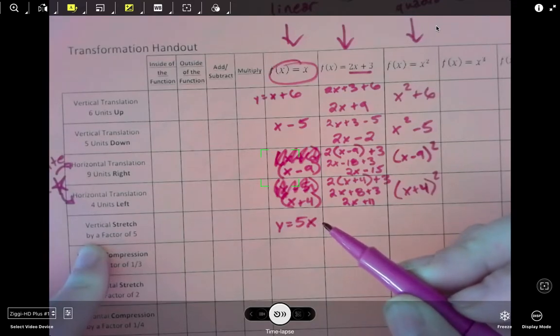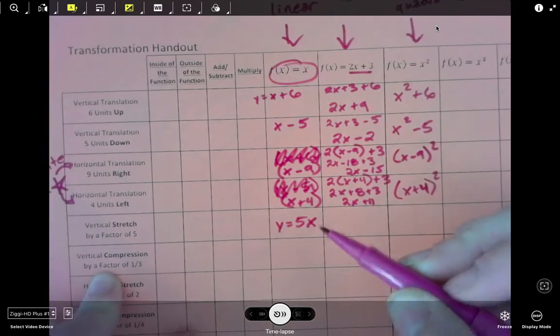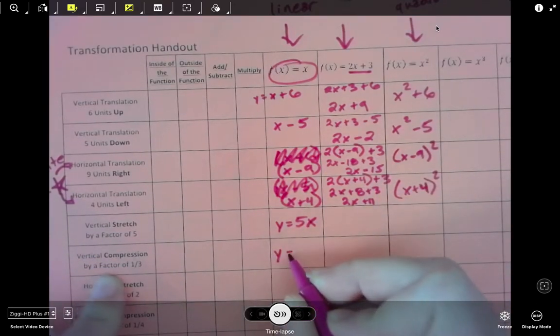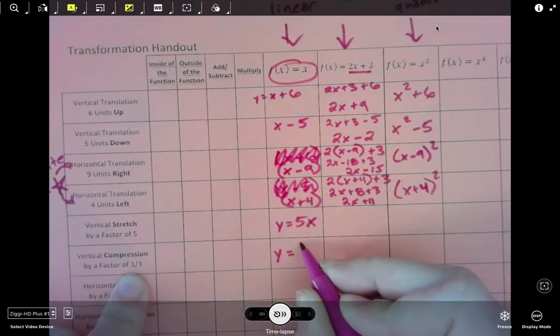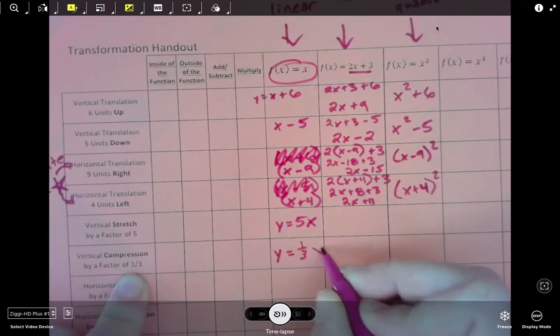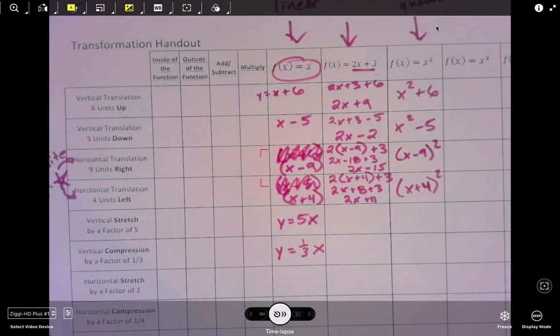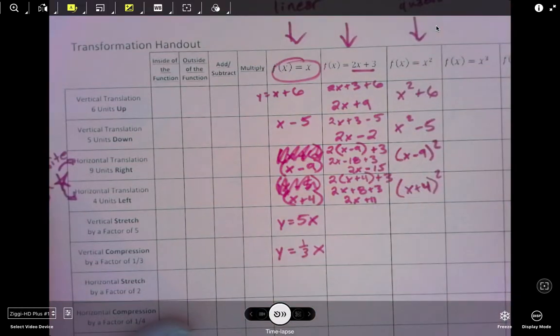That's going to make it tall and skinny, right? A vertical compression by a factor of 1/3, what's that look like? 1/3 x. It's going up 1 over 3 now, so it's going to be a little bit shorter and fatter.